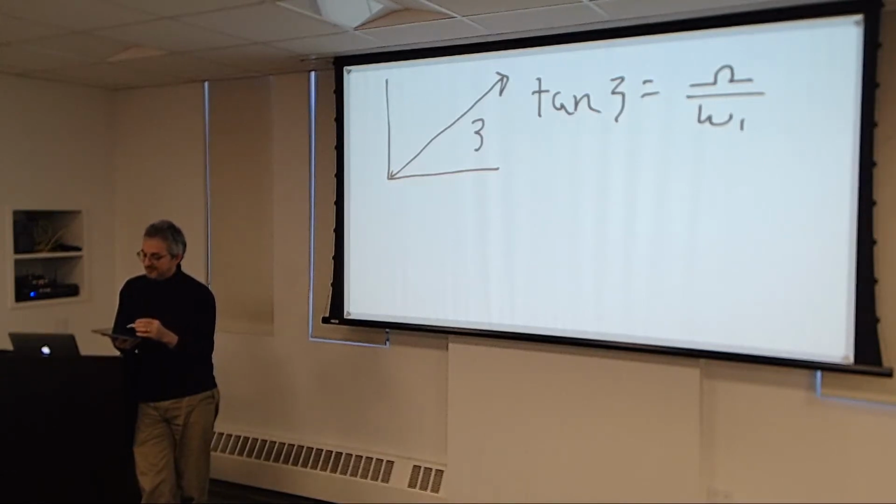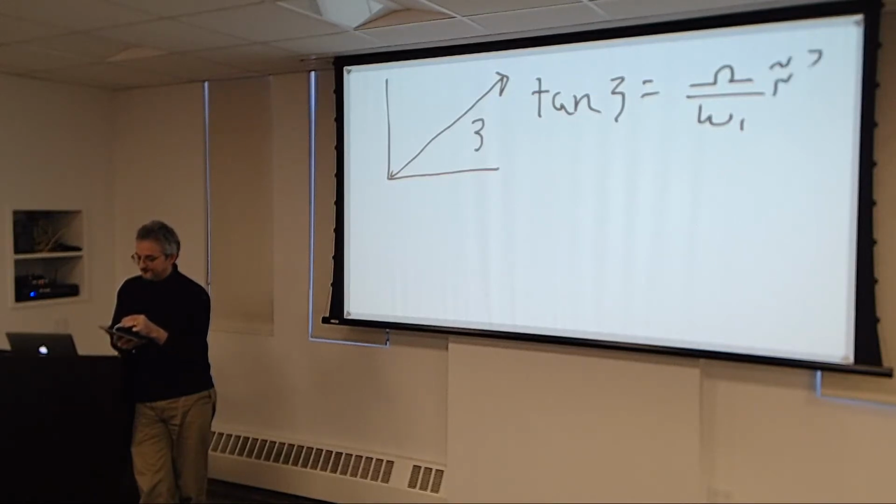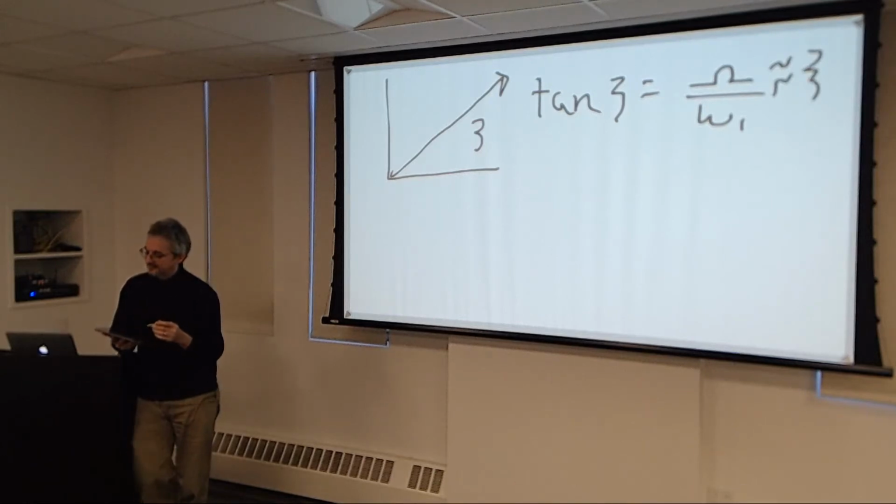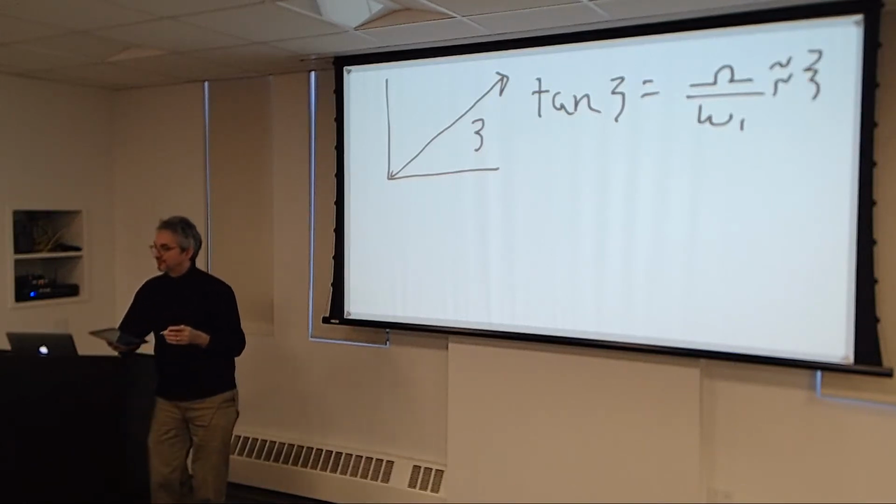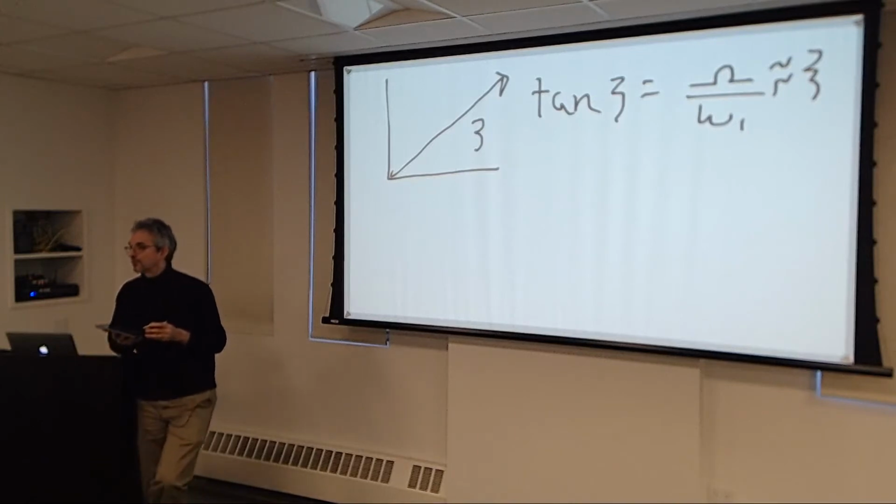And then tan zeta is equal to sine zeta over cosine zeta. And if zeta is small, sine zeta is the same as zeta, and cosine zeta goes to unity. So this is approximately equal to zeta if zeta is small.